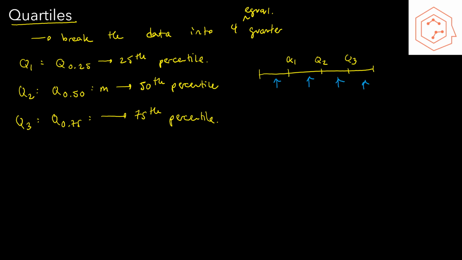Now we also have a name for the range in between the first quartile and the third quartile. So this area is called the interquartile range, IQR for short, and the IQR is equal to the third quartile minus the first quartile.